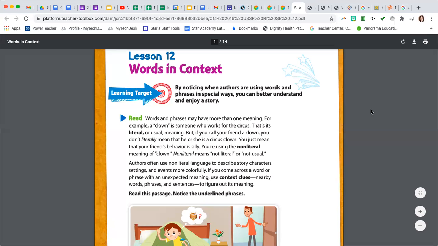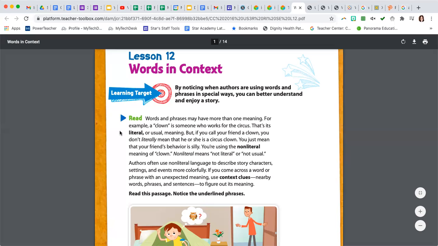And so you will see where my cursor is bouncing here as well, this red learning target. By noticing when authors are using words and phrases in special ways, you can better understand and enjoy a story. So, right here, the green word read.